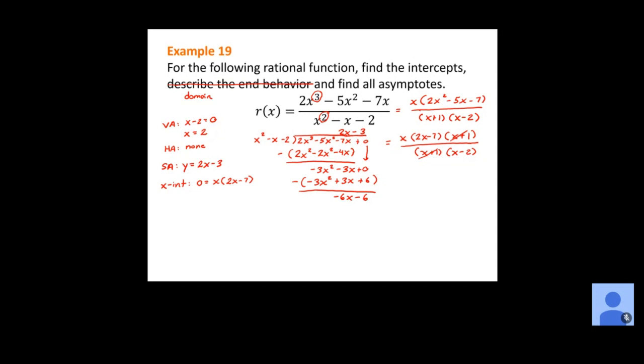Now that it's factored, I can just set each factor equal to 0. So that's going to give us x equals 0. And then 2x minus 7 equals 0. What's the 2x minus 7 equals 0 give us as the x-intercept? 7 over 2. Good. So just add 7, divide by 2. So now we know our x-intercepts are going to be at 0 and 7/2.